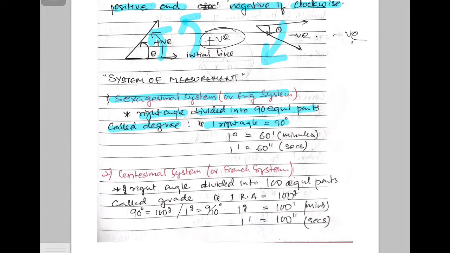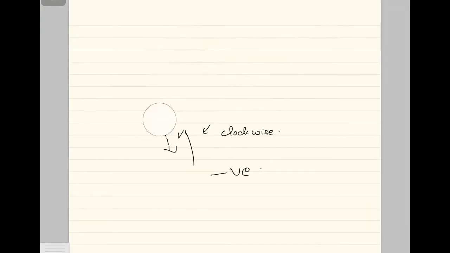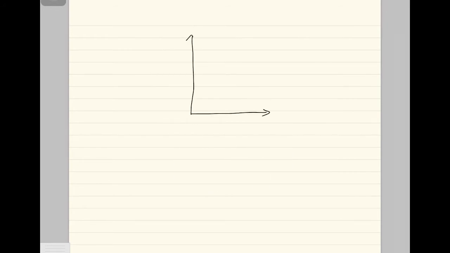So a right angle is equal to 90 degrees, and 1 degree equals 60 minutes, and 1 minute equals 60 seconds. This is what happens in the sexagesimal system. Let me show you here. Whenever you say a right angle, you divide this right angle into how many divisions, everyone?